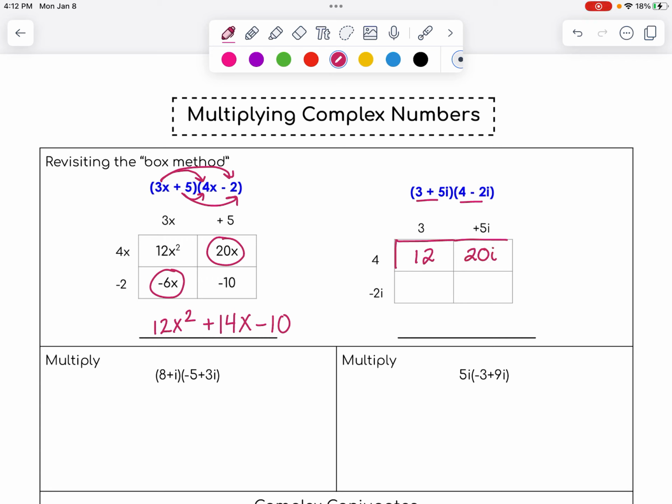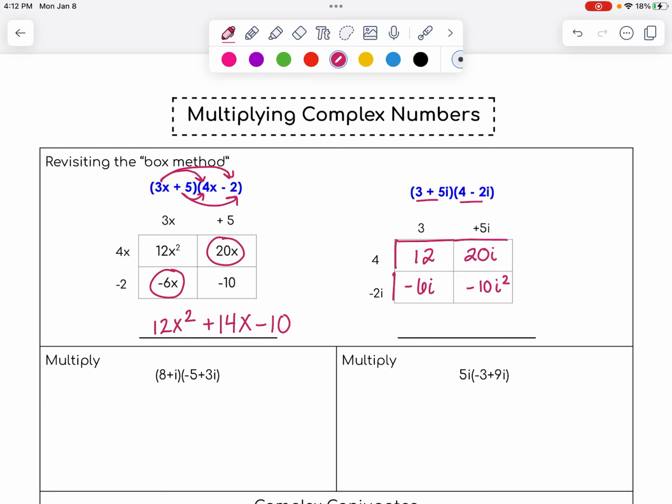We treat i just like we treat x. So, kind of like how 4x times 5 is 20x, 4 times 5i is 20i. Negative 2i times 3 is negative 6i. And then negative 2i times 5i, well, negative 2 times 5 is negative 10, and i times i is i squared.